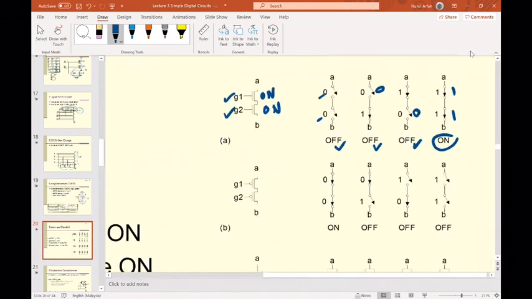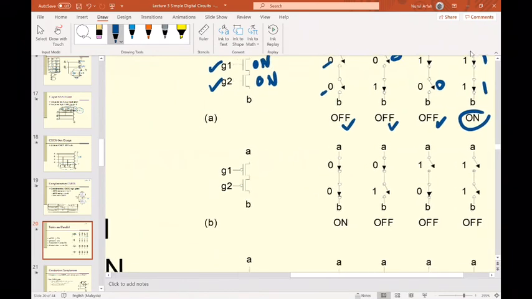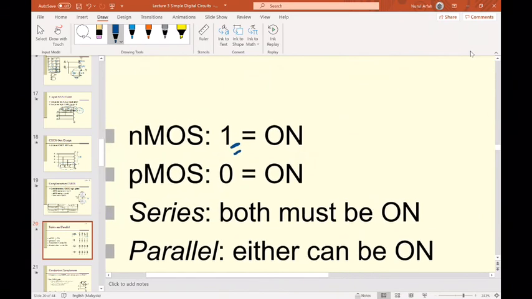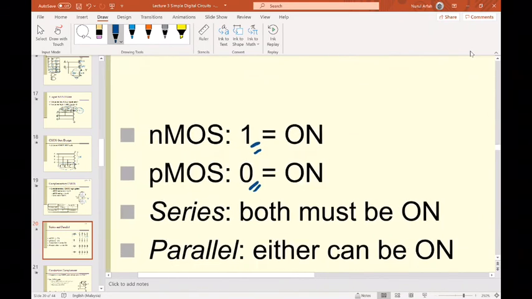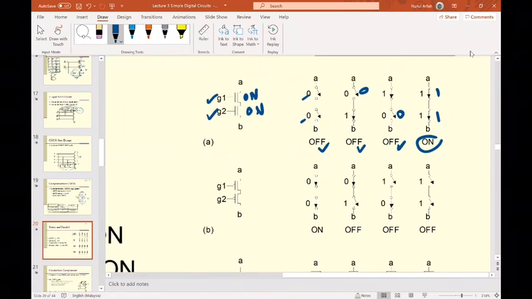PMOS is that when you want this one to be turned on, you need to supply 0. So if both are supplied 0 and 0, then this one will be turned on and on.